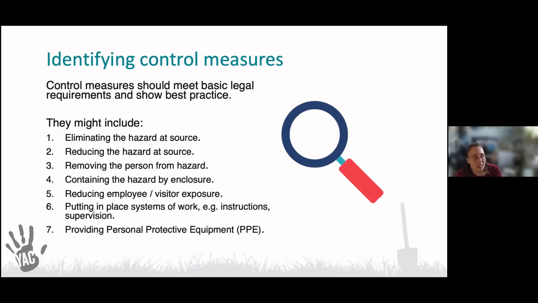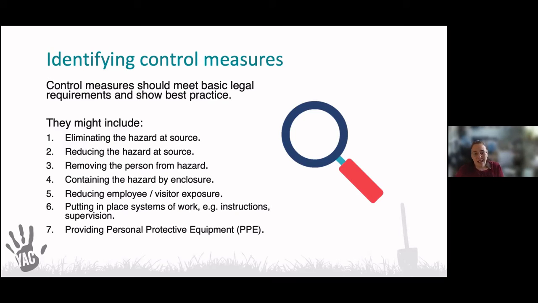So if the hazard is the pond, either not going there or filling the pond in is going to eliminate the hazard. If the hazard is burning yourself on an open fire, then to stop that risk completely, you wouldn't have the open fire, which would then ruin all our fun.